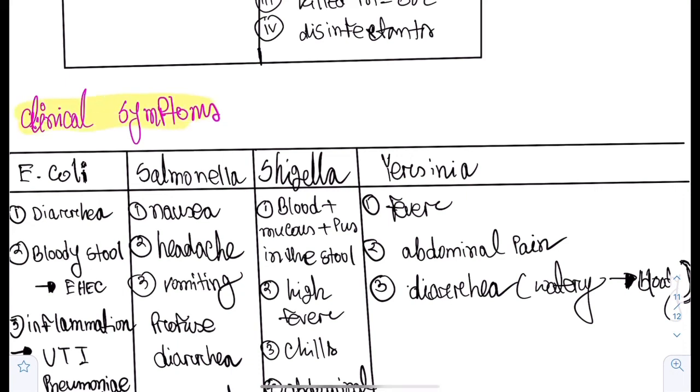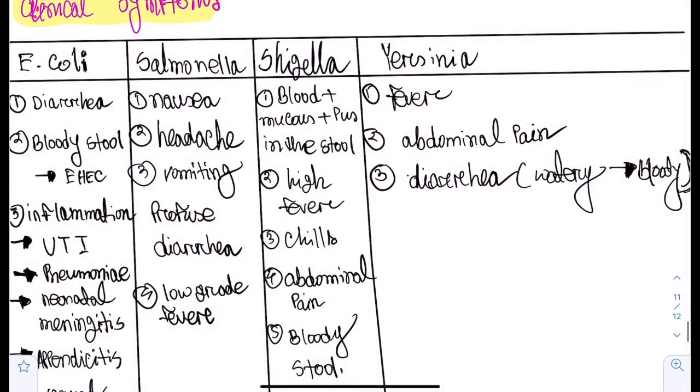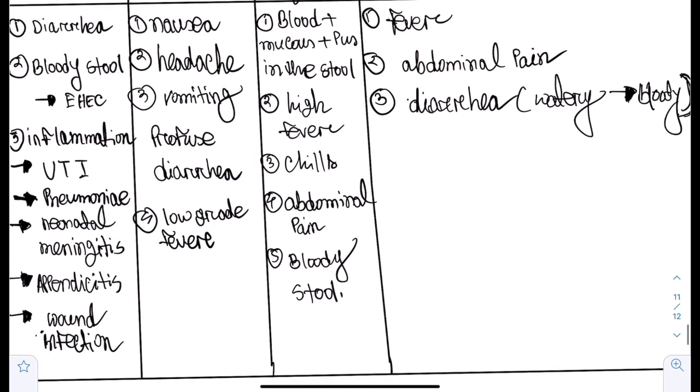And here I made a last table about clinical symptoms of 4 bacteria. If you read this table, it will be easier for you to understand the clinical differentiation between the bacteria.